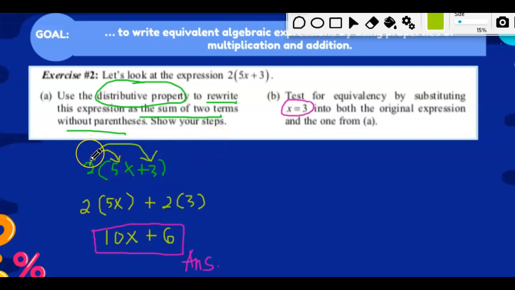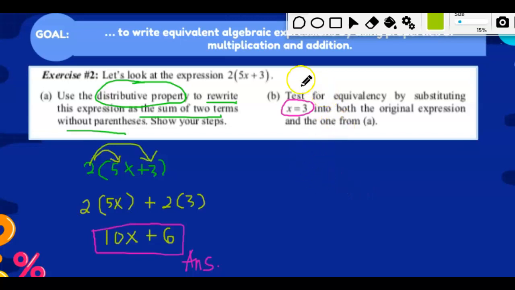So the 2 will be distributed to each member of the group. So 2 is given to 5x and will also be given to 3. So distribute, give it to each member. That's a property of multiplication.